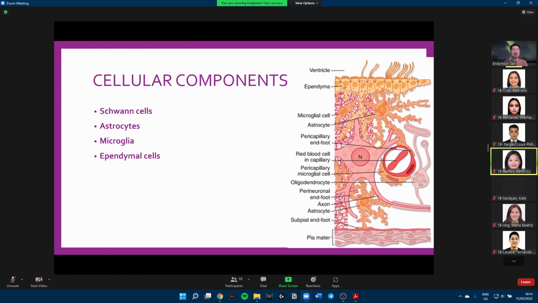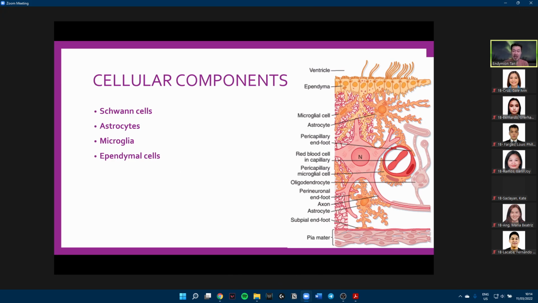Okay. Now, let's talk about the different glial cells or the helper cells. You just have to memorize the mnemonic or the acronym SAME, S-A-M-E. You have your Schwann cells, astrocytes, microglia, and your ependymal cells. We'll be talking about each of the different glial cells in the next few slides, but to give an overview, Schwann cells are very important in the production of your myelin sheath.